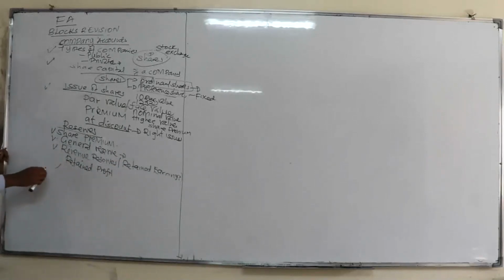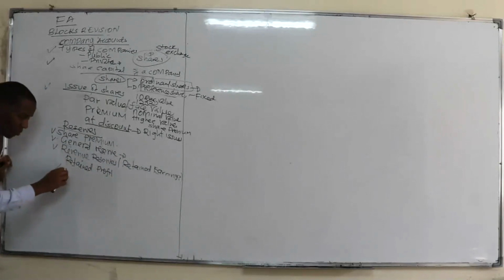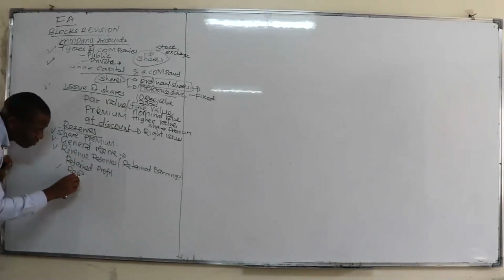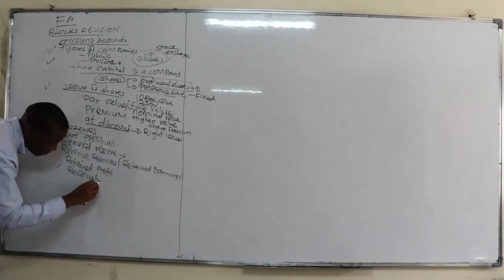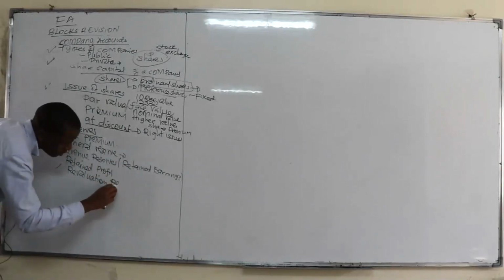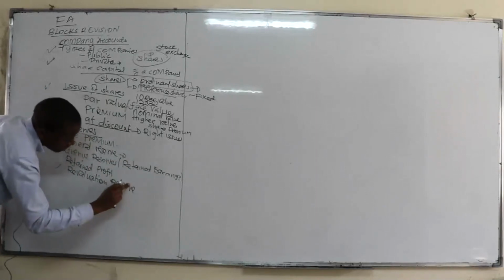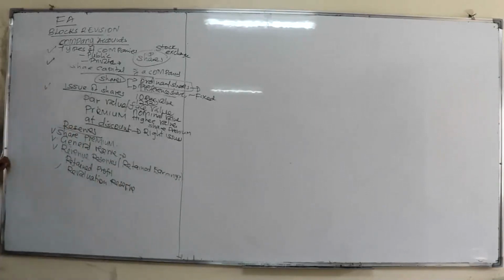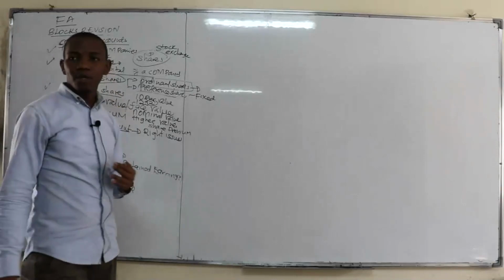The other one that you are not supposed to forget is what we call the revaluation reserve. Now, what is the revaluation reserve in this case? Let's say, for example, there is a building.